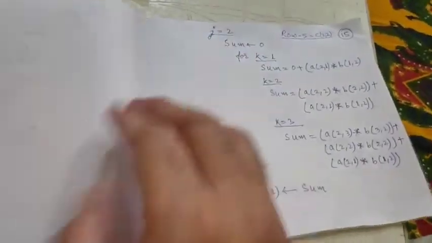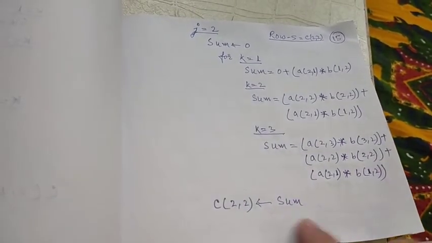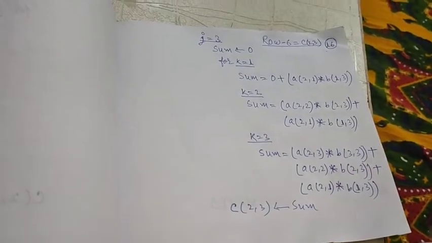i is equal to 2, 5th row, C22. i is equal to 2, 6th row, C23.